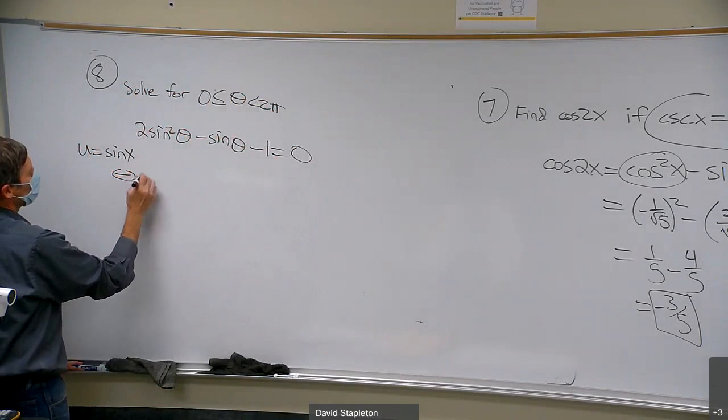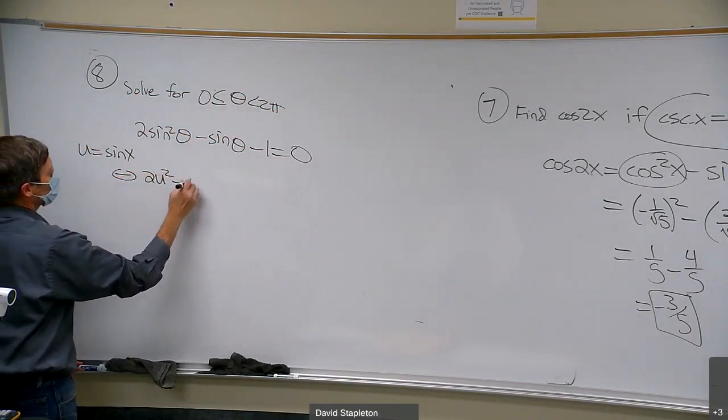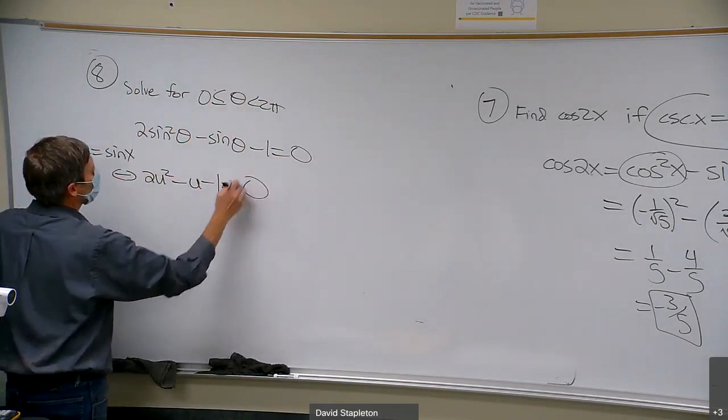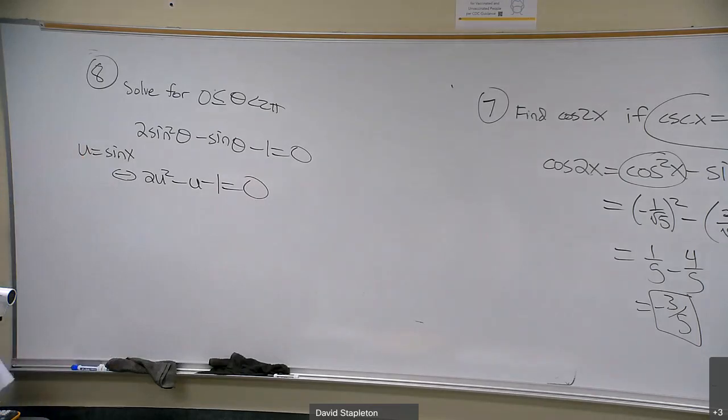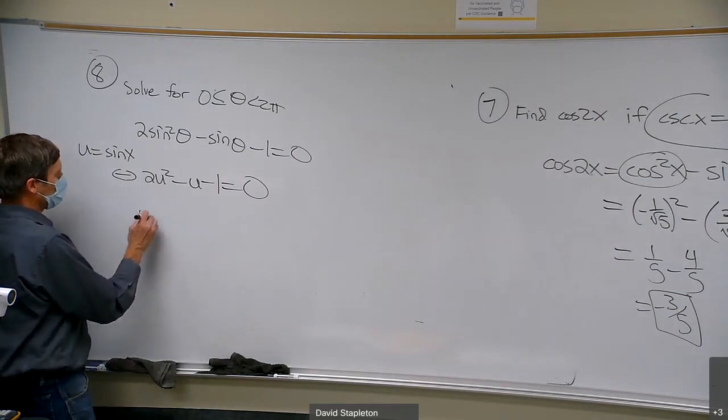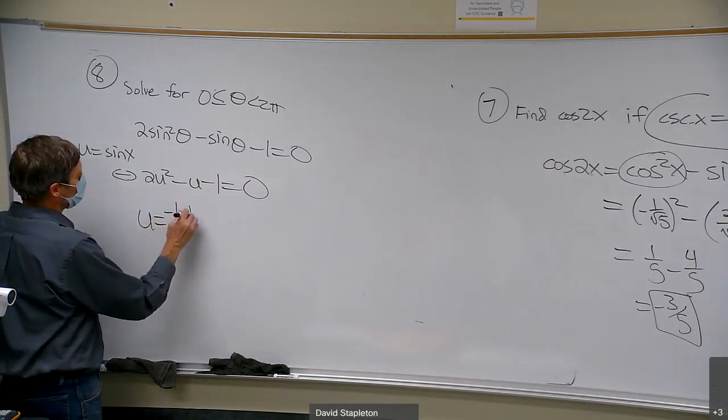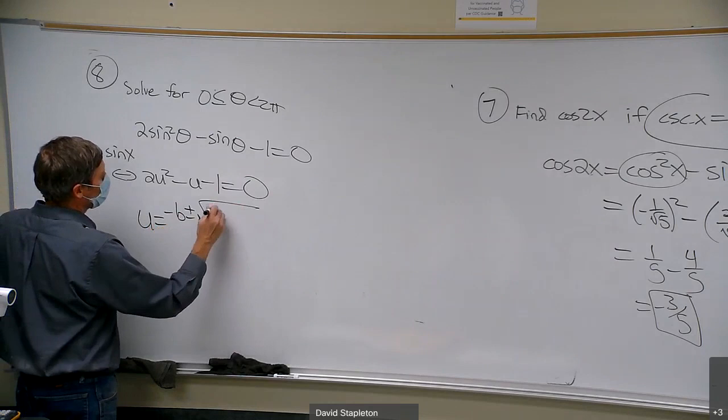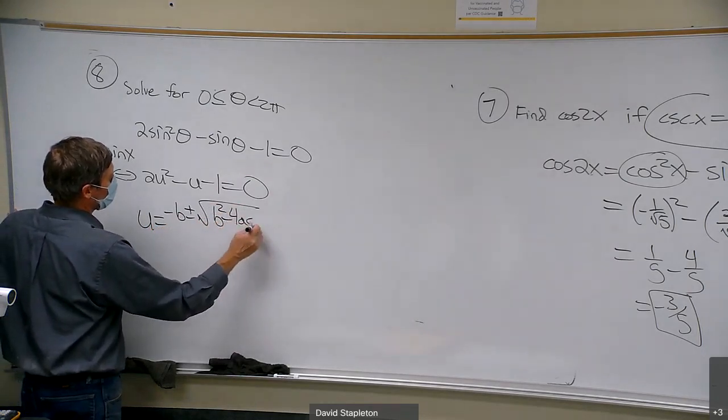This becomes 2u squared minus u minus 1 equals 0. There we go. And you can solve that either by factoring or the quadratic formula. I think I said, let's see, use the quadratic formula. So we use the quadratic formula. u is minus b plus or minus square root b squared minus 4ac all over 2a.